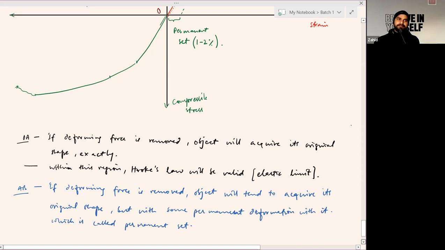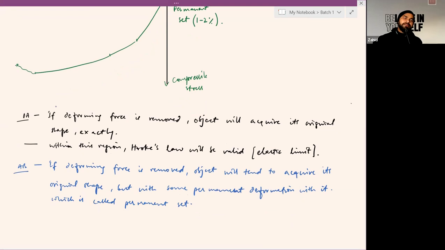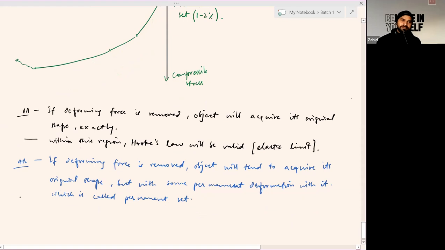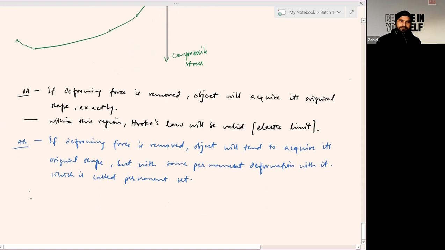Next, between B and C, the object will no longer have elastic behavior, and has a plastic nature.